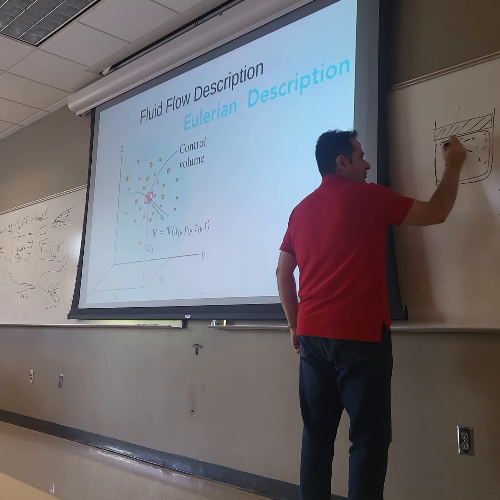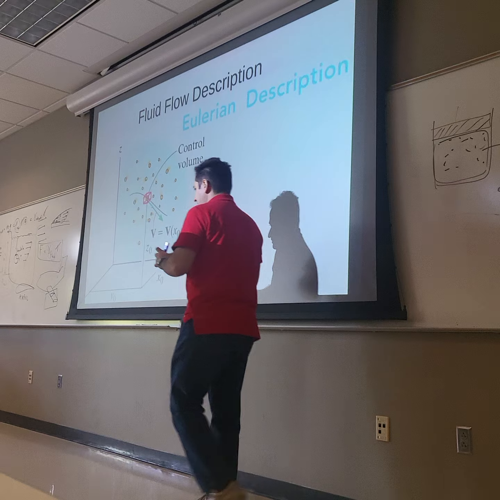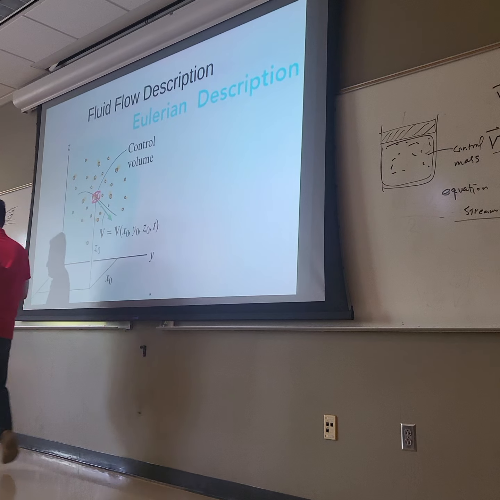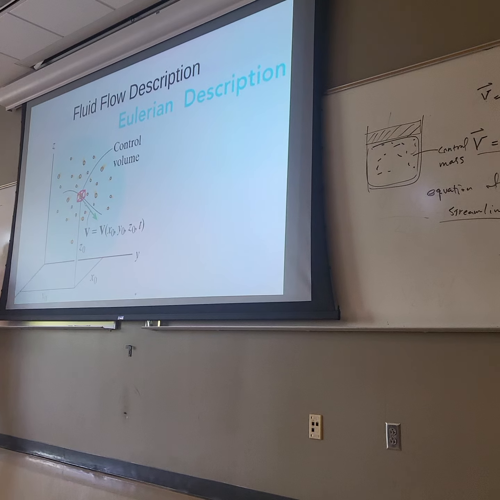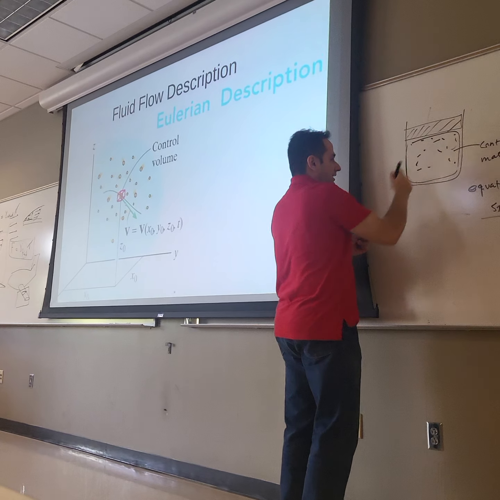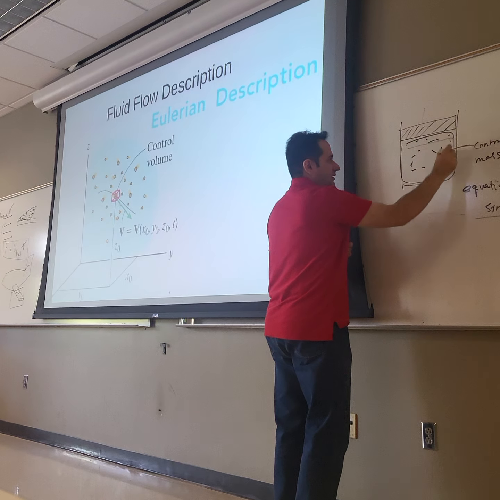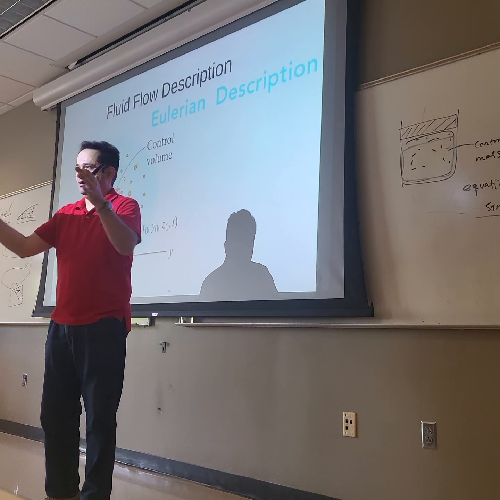So this was control mass. Control mass is a mass that is fixed, and you control it. It's just a method of analysis. Now, if this piston moves down, we have this control mass shrinking, right? So control mass is always attached to that specific mass, wherever it goes.